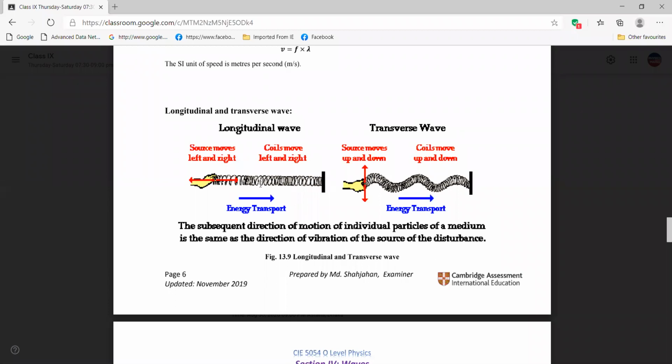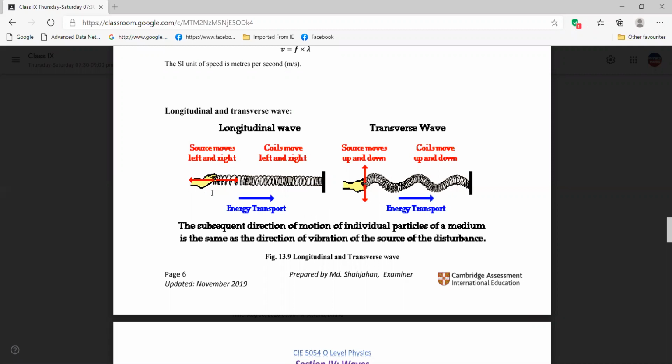But in the left side one, the spring is compressed and expanded, right? Yes, sir. Because of this compression and expansion, the spring particle moves forward and backward, right? And the energy transfer is happening till the end of the spring.